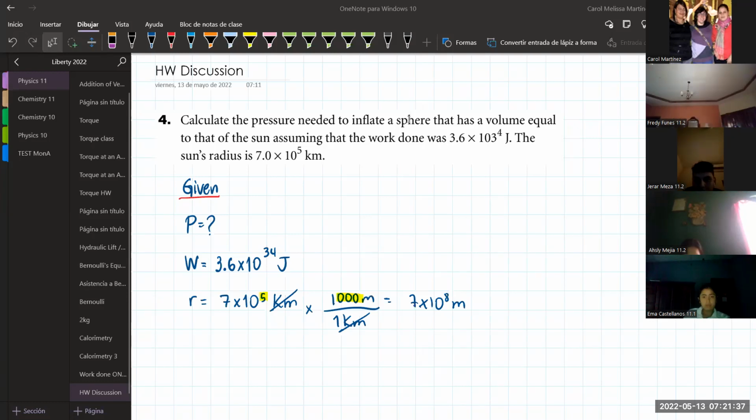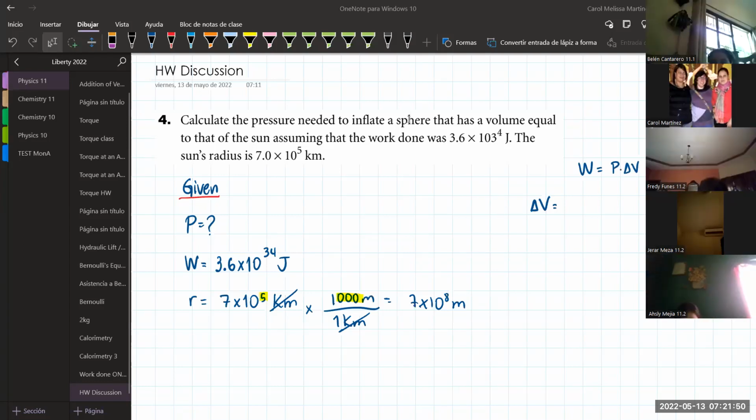So you can get the volume directly isolated from the formula, okay? If the formula is work equals pressure times delta V, so the volume is going to be work divided by the pressure. You can calculate volume as volume of a sphere because it's a known shape, okay?